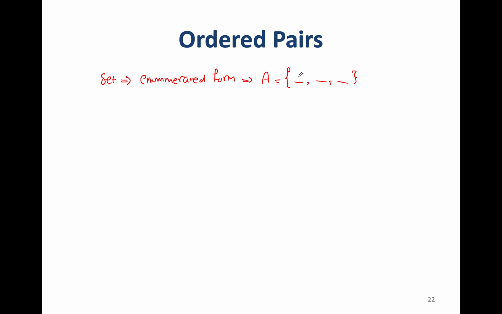So if we got {1, 2, 3}, then this is equal to {2, 1, 3}, which means that in a set, order is not important.